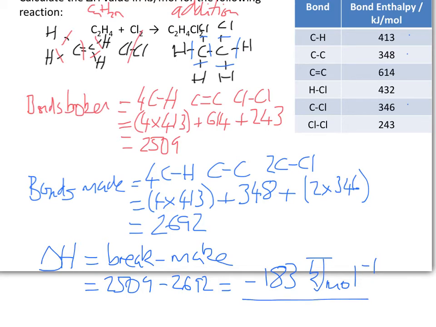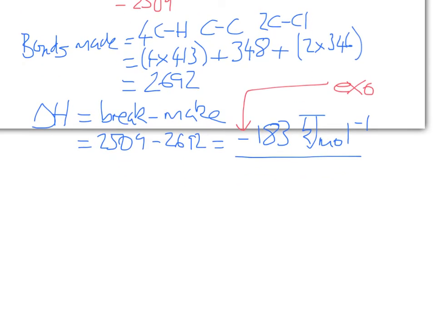The examiners might then say, is this an exo or an endothermic reaction? We'll have a look. It's a minus sign, so it's going to be an exothermic reaction. They then might say, draw an energy profile diagram for this reaction. Right, so underneath it we could have an energy profile diagram, very quickly drawn.